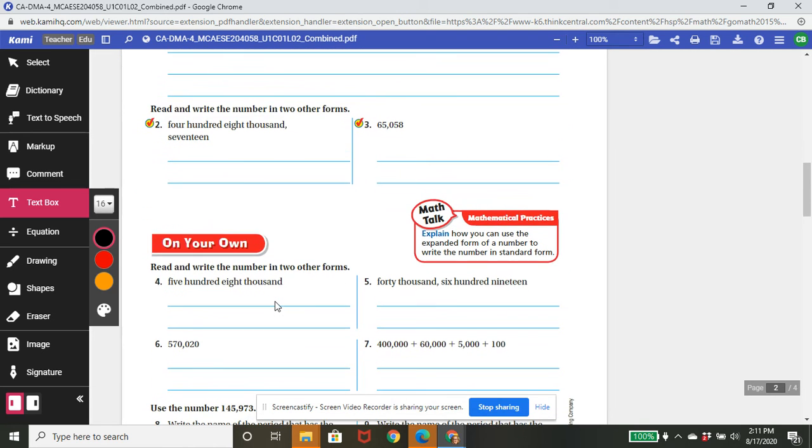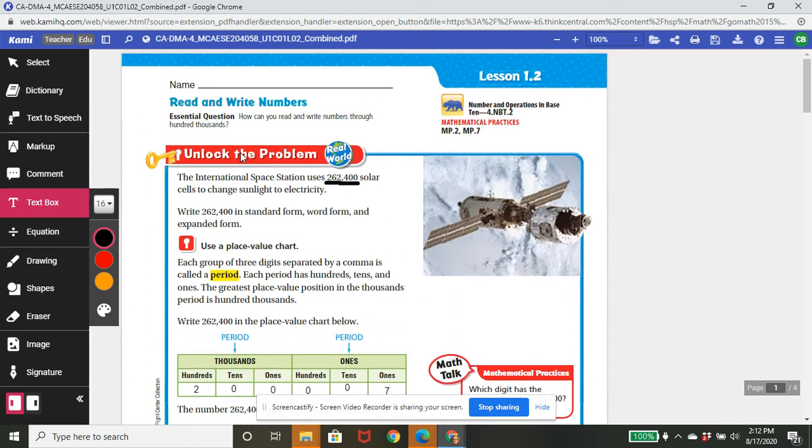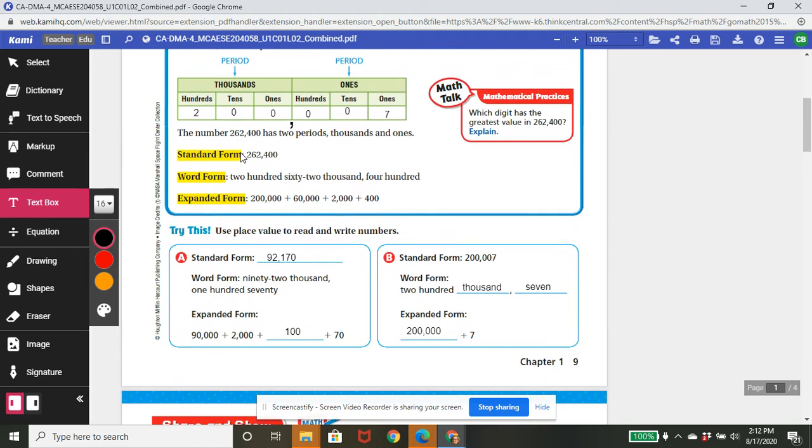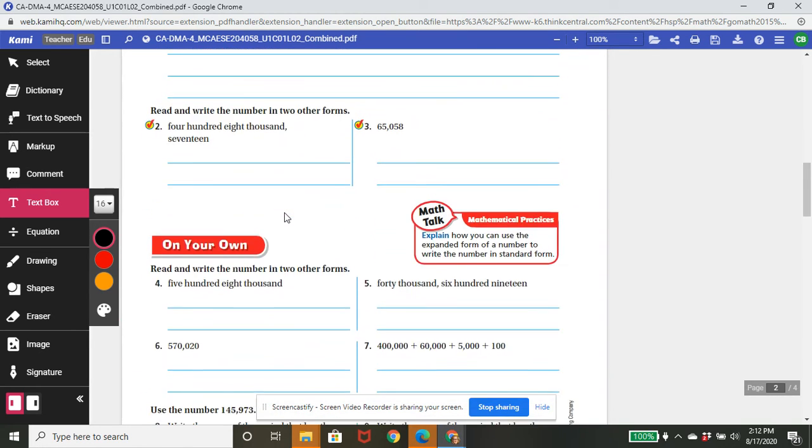Okay? Here's another example of what you'll see. It'll have the number written in one form, and you have to write it in the 2 other forms. Remember that there are 3 different forms, and if you need to remember, look at the book. It has it written here. There's standard form, which is just the number written out, word form, where I write it in words, and expanded form, where I take apart the pieces and put plus signs in between them.